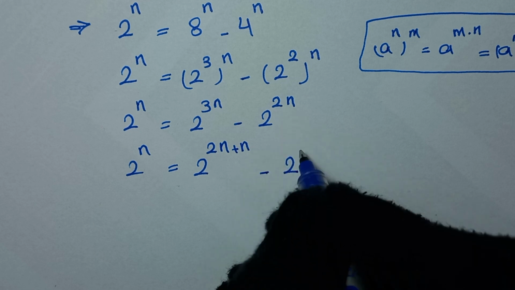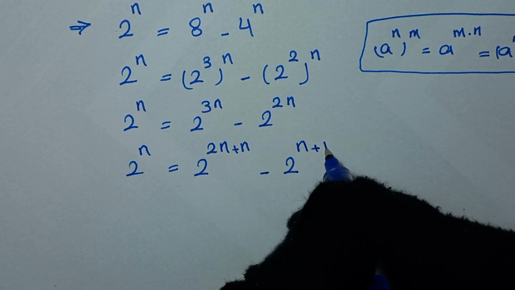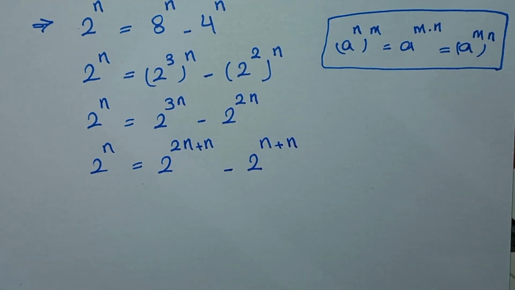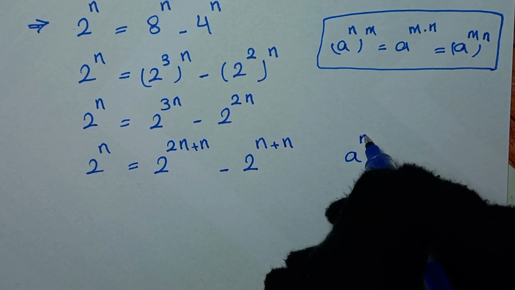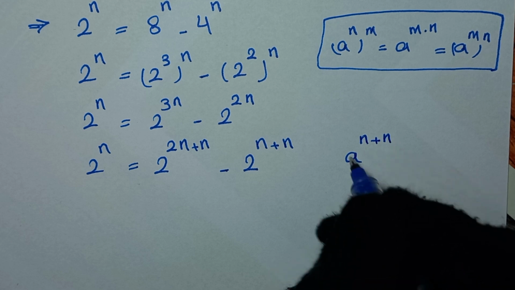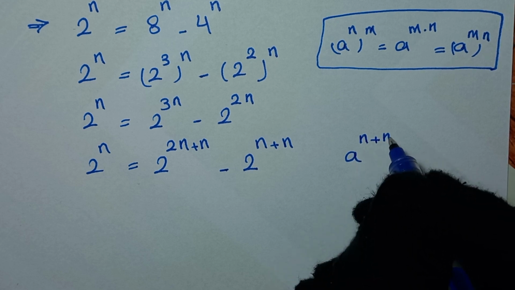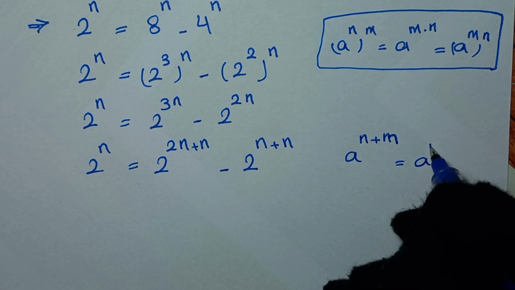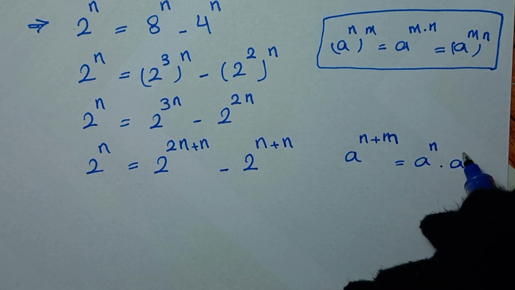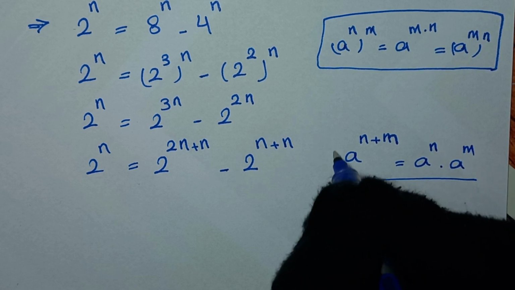We can write 2n as n plus n. And from exponential rule, if we have a to the power of n plus m, this is equal to a to the power of n times a to the power of m, right?